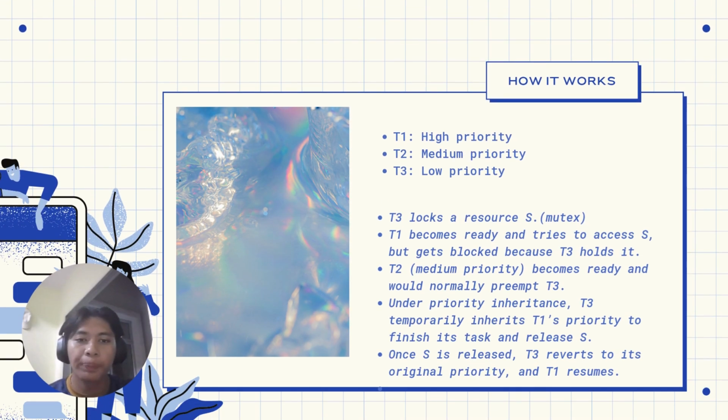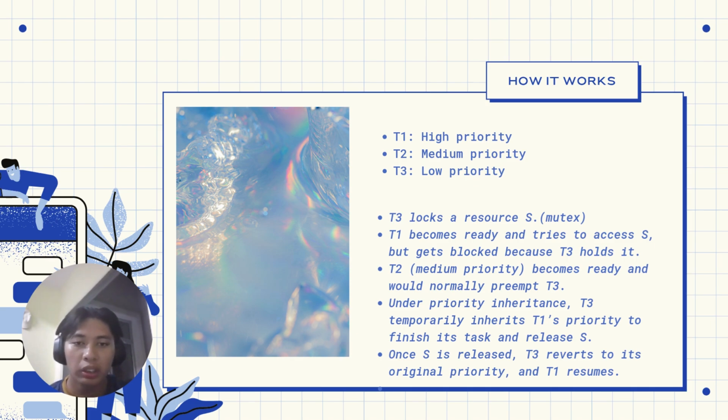So how does it work? Let's say we have three tasks: task one, the highest priority, task two, the medium priority, and task three, the lowest priority. Task three locks a resource S, which could be a mutex. Task one becomes ready and tries to access S but gets blocked because task three holds it.